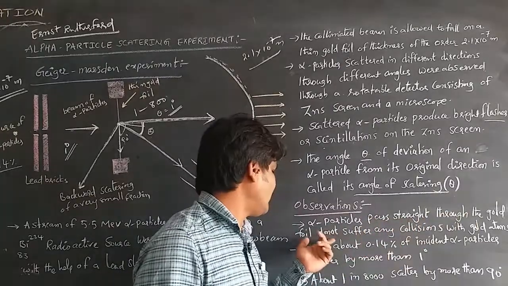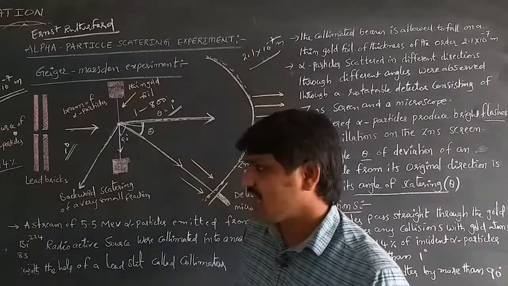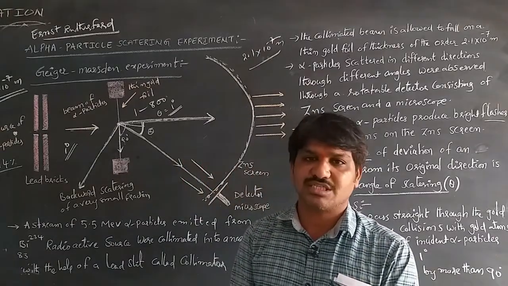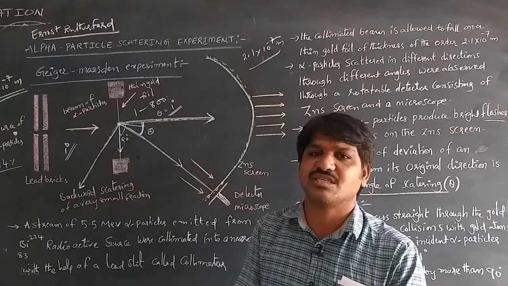When the alpha particles pass straight through the gold foil, they do not suffer any collisions with gold atoms. We know that alpha particles are positively charged particles, the positive charge of a helium atom.